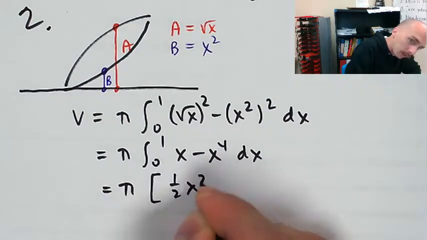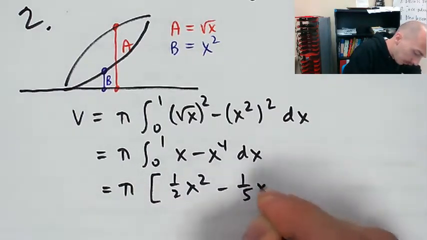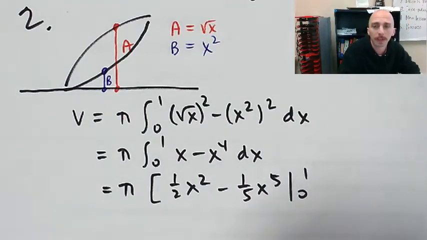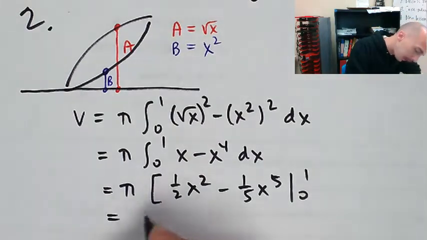So that's 1/2 x squared minus 1/5 x to the 5th. When I anti-differentiate, I'm going to plug in 0 and 1. I'm going to end up with a half minus a fifth, which is 0.5 minus 0.2, which is 0.3. So it's going to be 3/10 of pi.